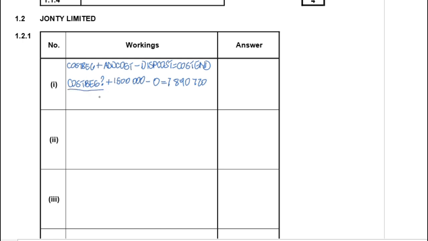Now we have to rearrange the equation so that the cost at the beginning of the year becomes the subject of the formula. So we want to have it isolated by itself on one side of the equation. To do this, we simply take everything else to the other side of the equation. When we take something to the other side of the equation, the sign changes.